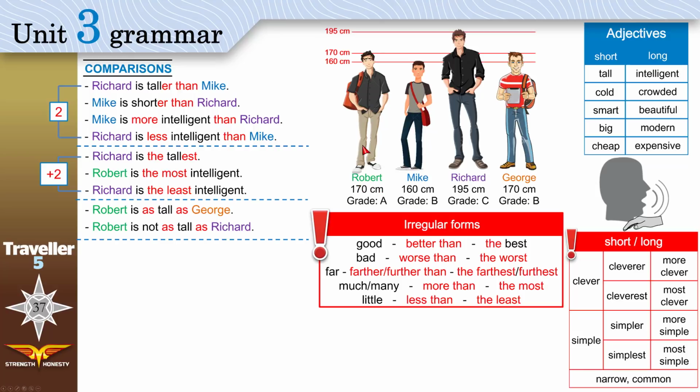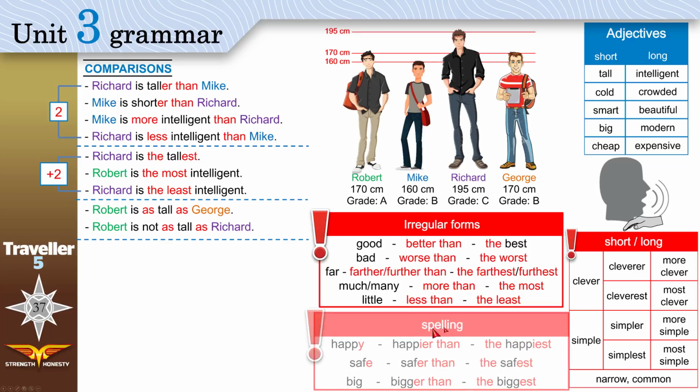Robert has more books than Richard. Mike has fewer books than Robert. George has the most books. Little, less than, or the least. Mike has less books. Richard has the least books. Okay? Use much, little, many with nouns like book, water, eggs.